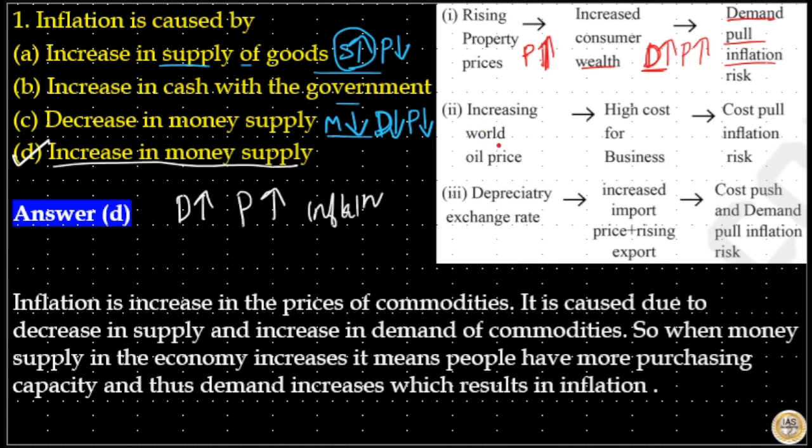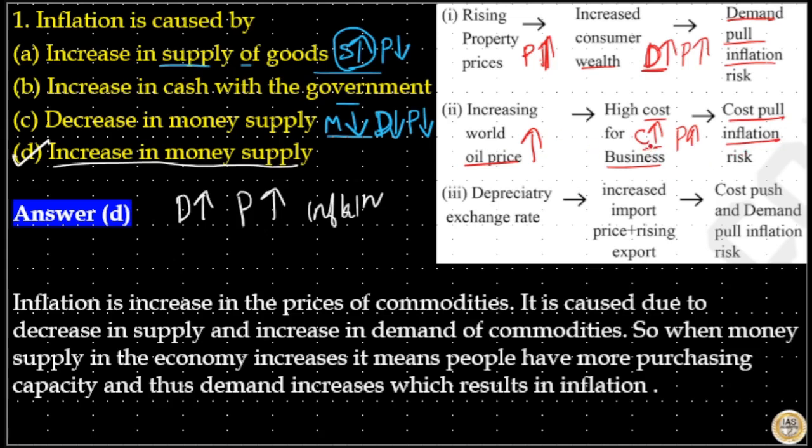Next is increasing world oil price. When oil price increases, cost of production for business firms will increase. Price will increase because of this cost increase, so cost push inflation will happen.